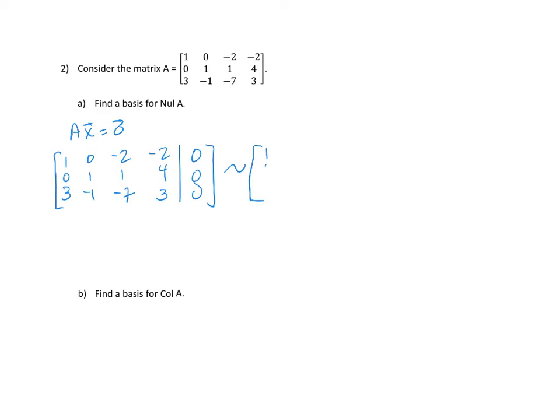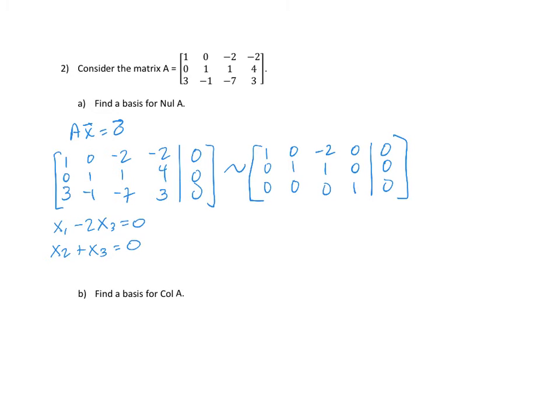And we get 1, 0, 0, 0, 1, 0, negative 2, 1, 0, 0, 0, 1, 0, 0, 0. Okay, so if I write this out as equations, it says x1 minus 2x3 equals 0, x2 plus x3 equals 0, and x4 equals 0.